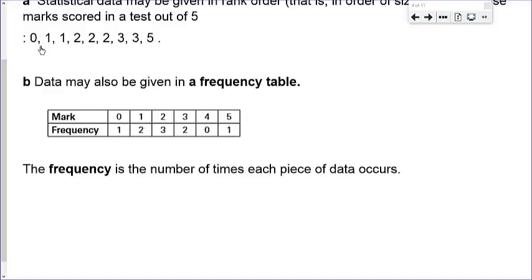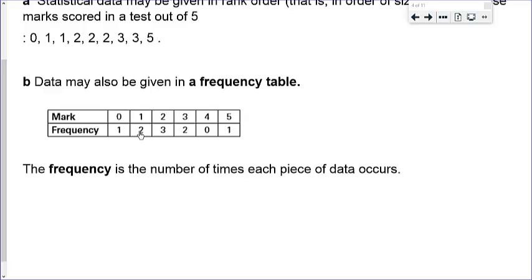So for instance, 0 was scored by only one person. Then we have 2 people scoring 1, 3 people scoring 2, then 2 people scoring 3, no one had 4, then only one person had 5.